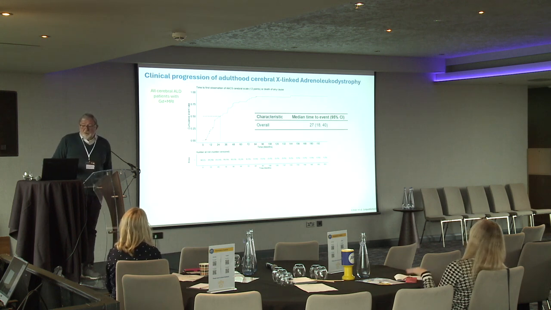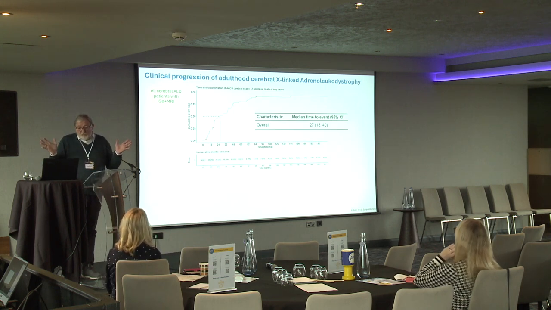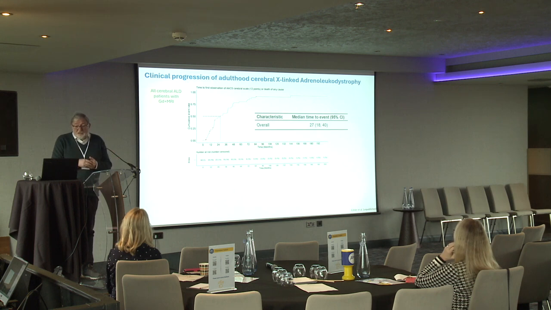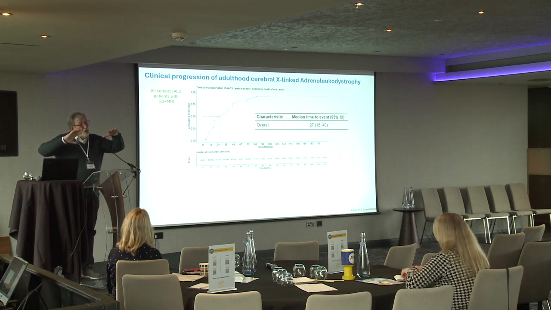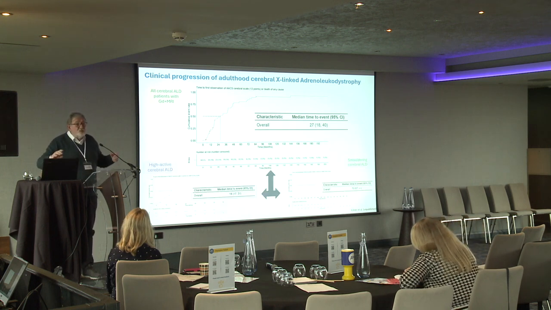What is new is that we looked at 60 patients with cerebral involvement in adulthood, and what we see here is that it takes about 27 months, so a little bit more than 2 years only, until most of these patients died after onset of cerebral involvement. So it's rapidly progressive. Even if you look at this group more closely, you see two groups of patients.